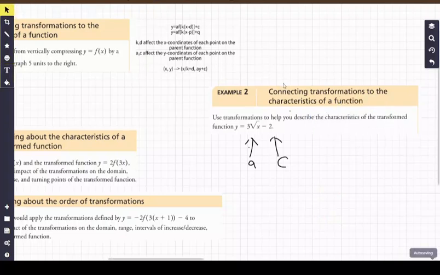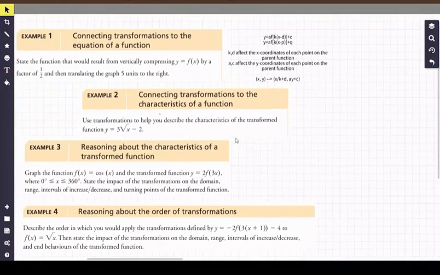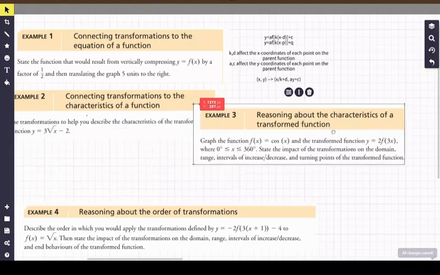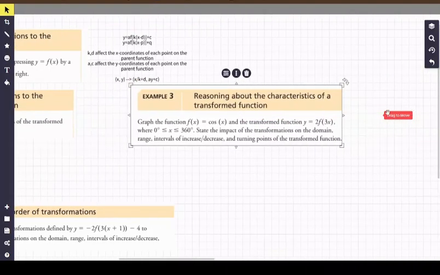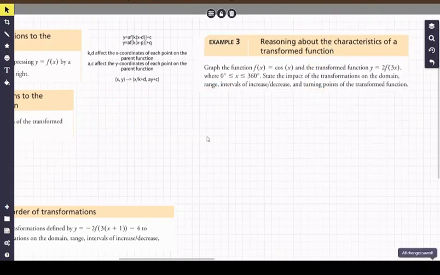So example number 3. Reasoning about the characteristics of a transformed function. Now we're talking about trig functions, and now our k values have a different meaning. So graphing the function f of x equals cos x, and the transformed function y equals 2f of 3x, where 0 degrees is smaller than x, so we bounded the x within 360 degrees.